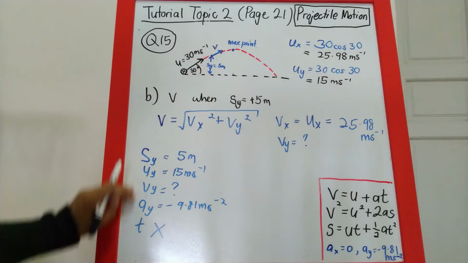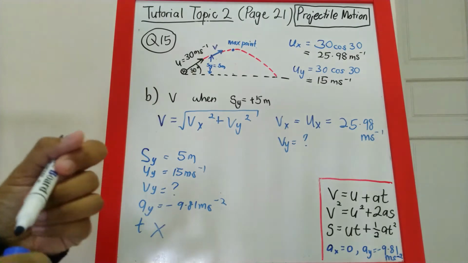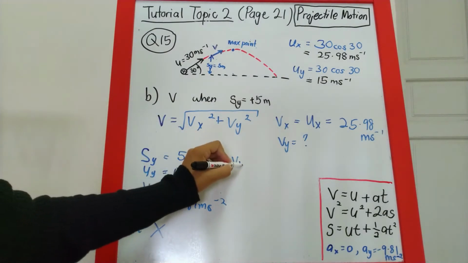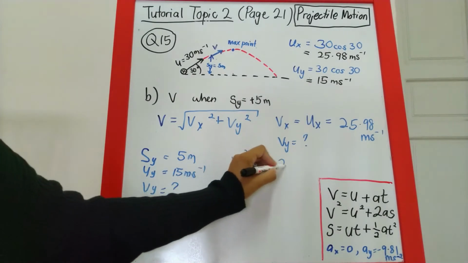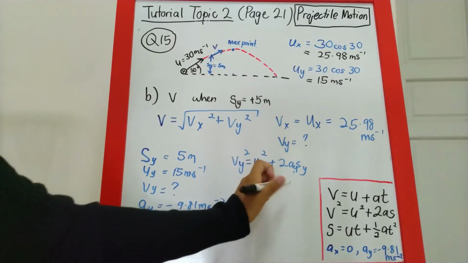Therefore, the most suitable equation is the one without time, which is the second one here. So Vy squared equals Uy squared plus 2AsY. Make sure you label y for each factor.